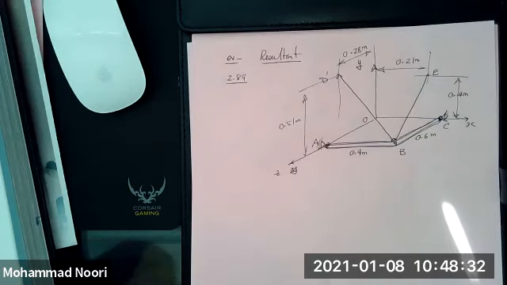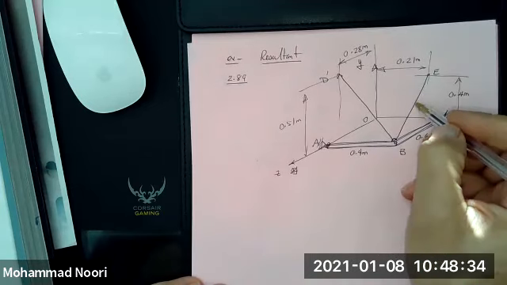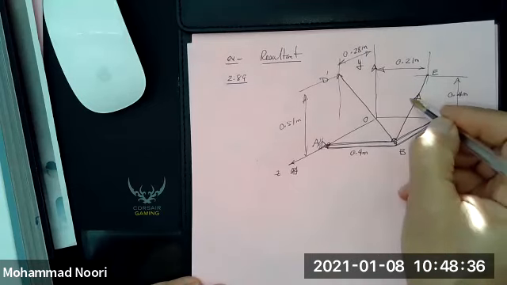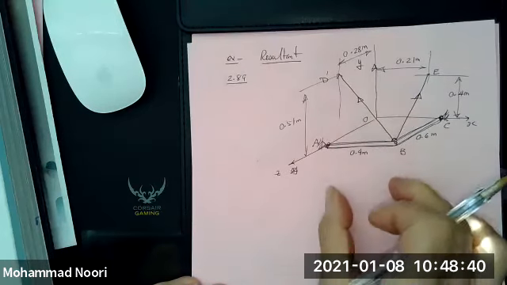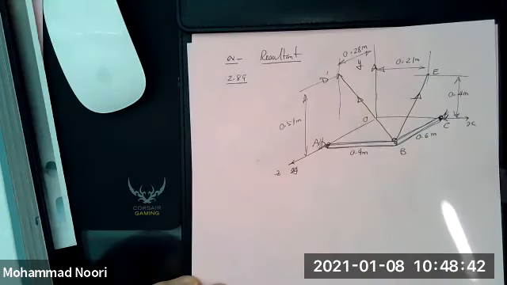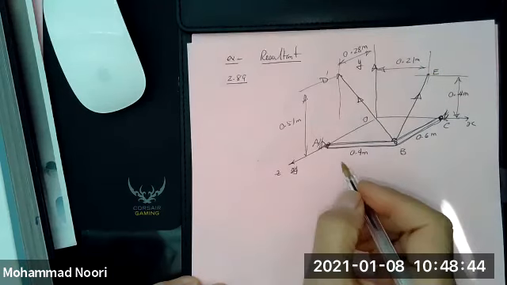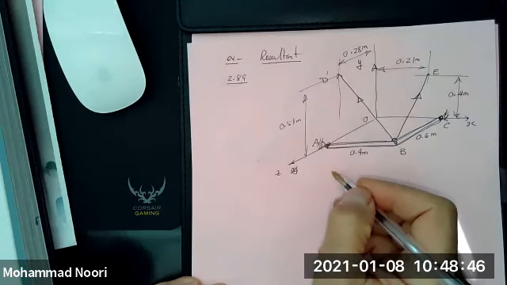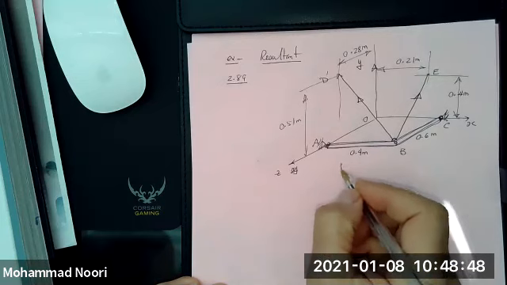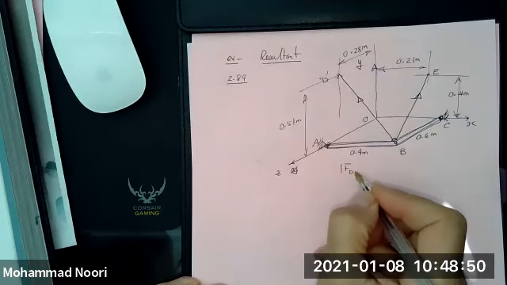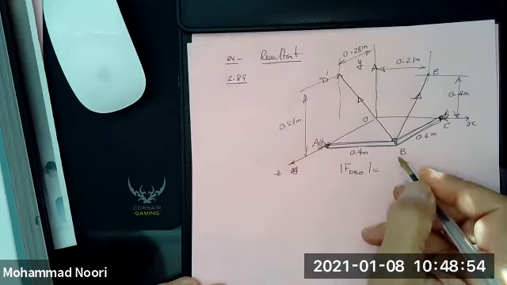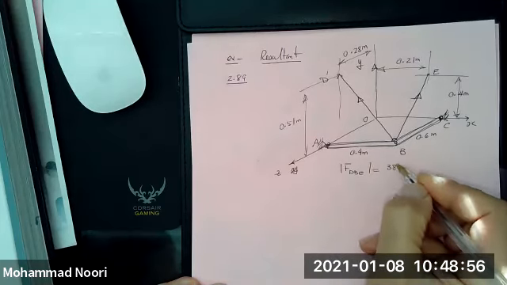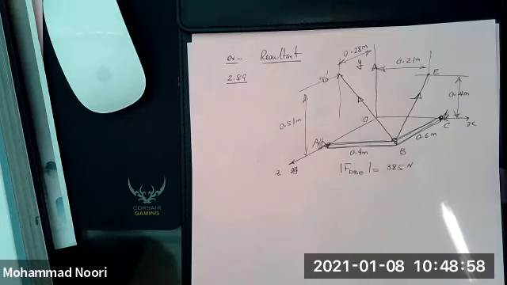In other words, if you look at this cable, it is obviously exerting a force like this and a force like this to hold this pipe in place. The magnitude of the force in DBE is given as 385 Newton. Okay.